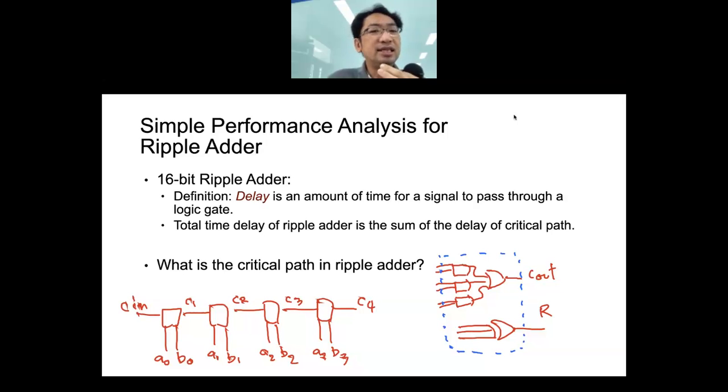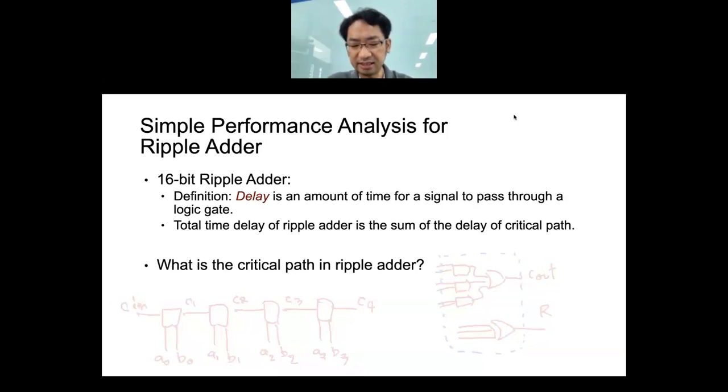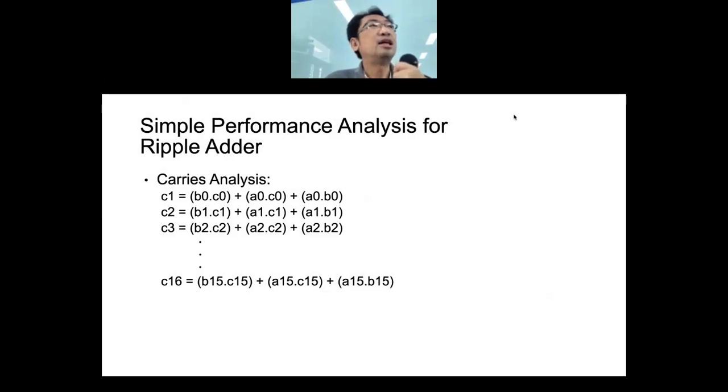We can look at the equation, and you can see what is the critical part of this kind of circuit. Look at the analysis here. We have C1 as B0 and C0, or A0 and C0, or A0 and B0. We have this kind of equations, and until C16, we have something like this.